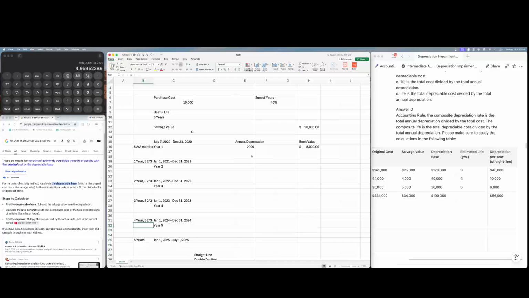But you could technically. What would happen is you would say, well, it would be the first, so 5/15 times the depreciable cost. That should be the annual depreciation.